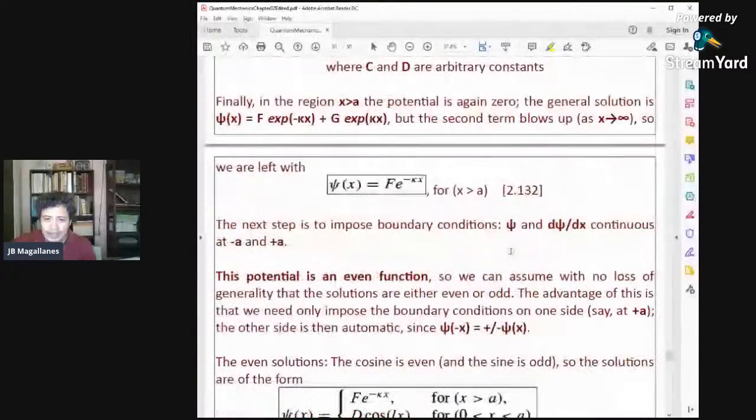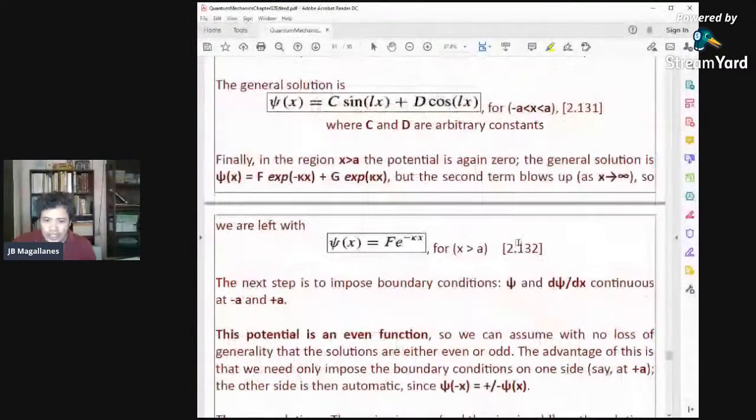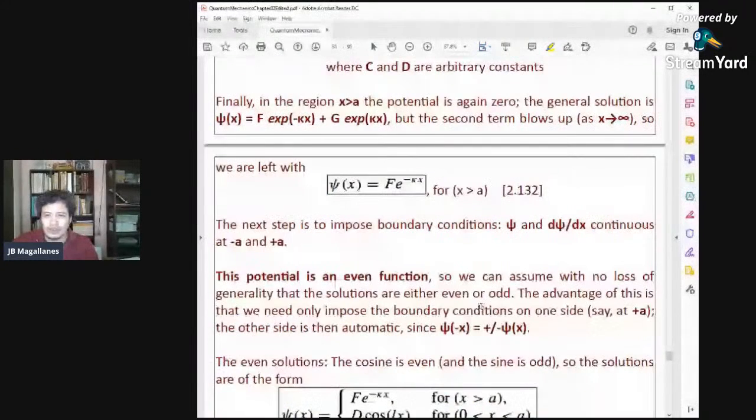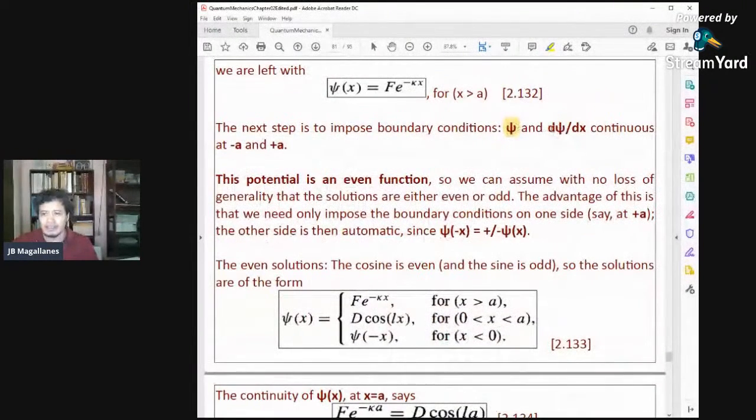So that your G will be equal to 0. You only have this as a transmitted wave. Then we impose again boundary conditions on phi and d phi dx. They should be continuous at negative a and positive a.